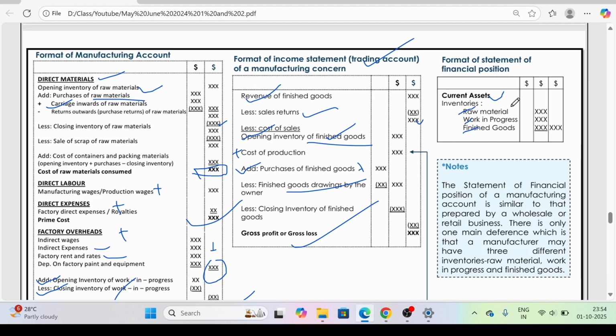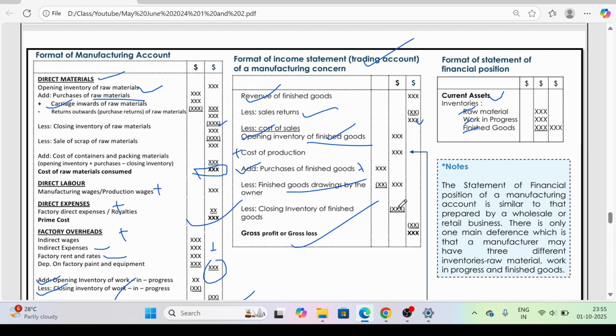This is the main change in the statement of financial position. Here one note is there: the statement of financial position of a manufacturer is similar to that prepared by a wholesale or retail business. There is only one difference, which is that a manufacturer may have three different inventories: raw material, work in progress, and finished goods.